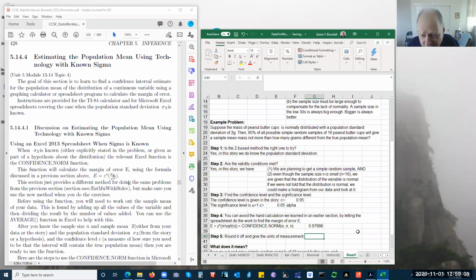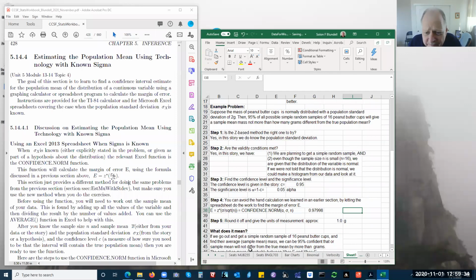So I'll say equals this guy. And then I'll adjust the format of the number. I just want to show to the nearest 10th. I'll just say it's approximately 1 gram.